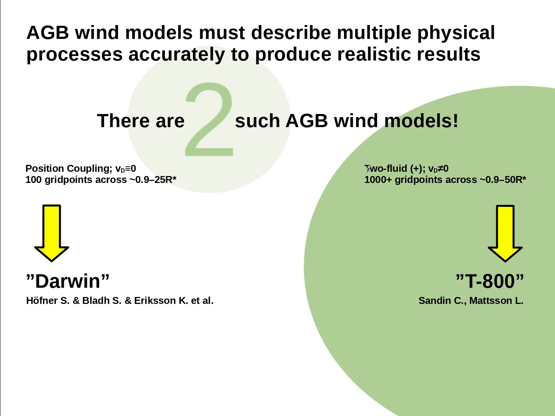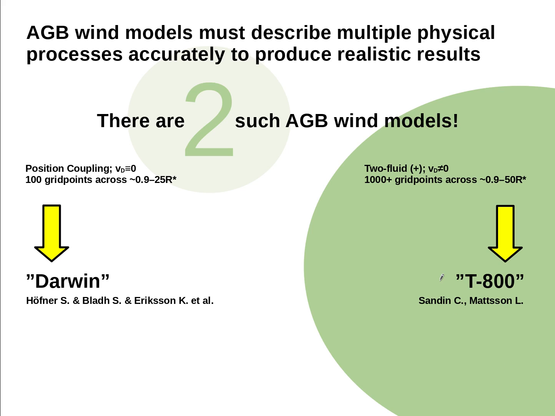So there are two such AGB star wind models that include the points of the previous slides. It's the commonly used DARWIN by Höfner et al. in Uppsala. These authors use position coupling, which is a single-fluid model, so no drift, and they use 100 grid points in pretty much all the models they present.